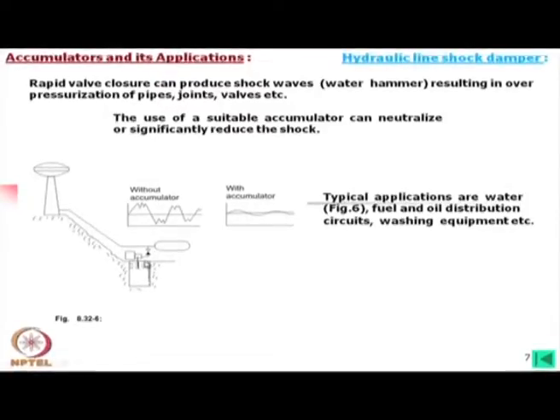Now, if we use an accumulator, then when we close this one, the shock will reduce. Even if the amplitude is not zero, it will be low. So, this can be controlled by using this.